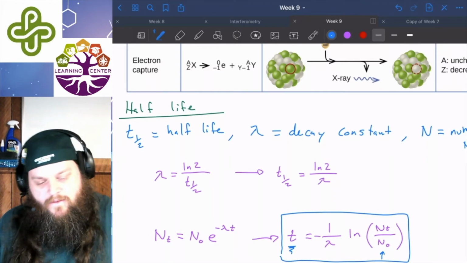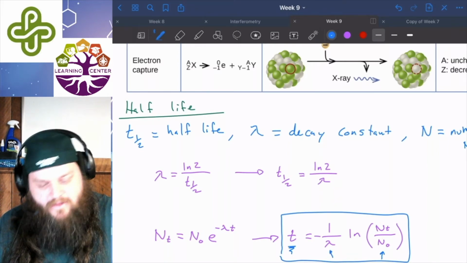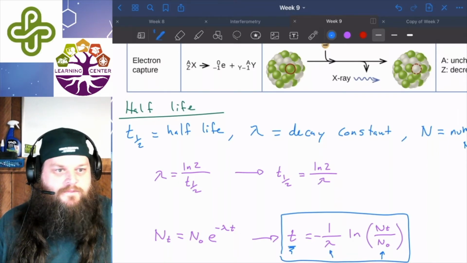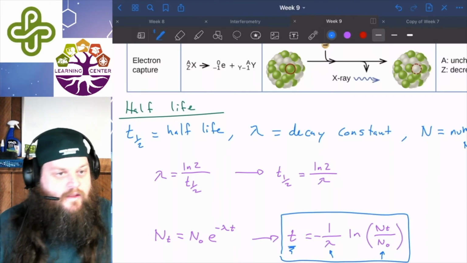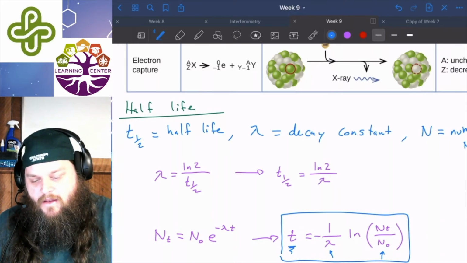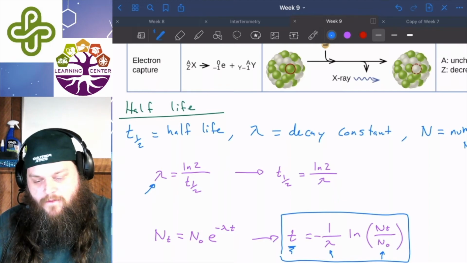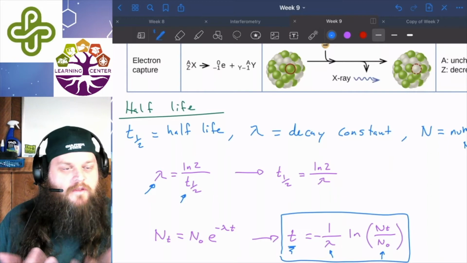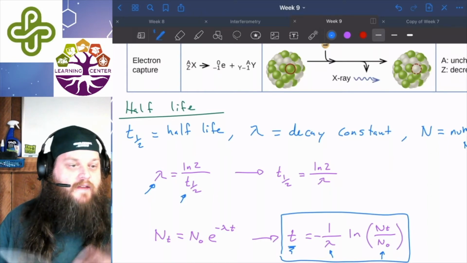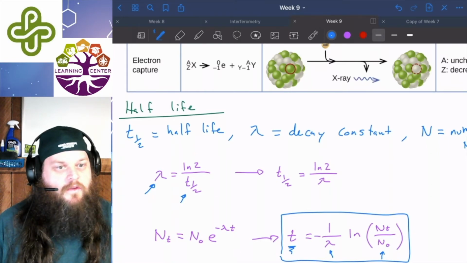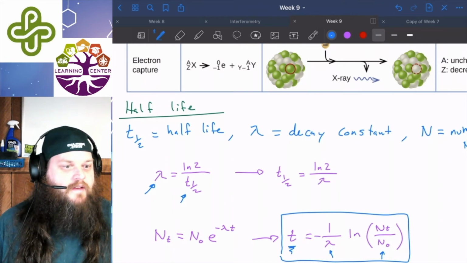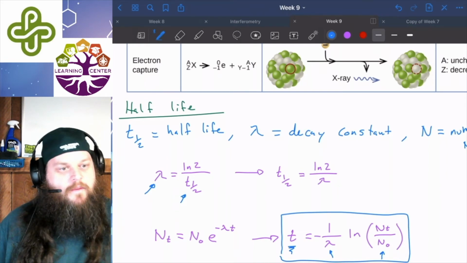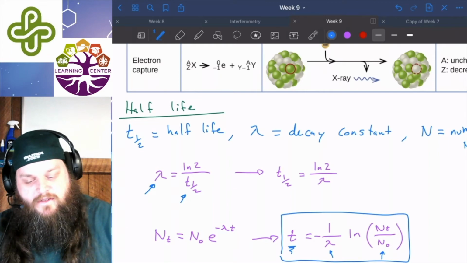So I need to figure out what is my decay constant. They didn't give us that in the problem, but I can solve that knowing the half-life. So I can use those 2 equations now because I have 2 unknown variables. I don't know the decay constant, and I don't know the time it would take to decrease to that point. But I can use these 2 system of equations to solve for those.